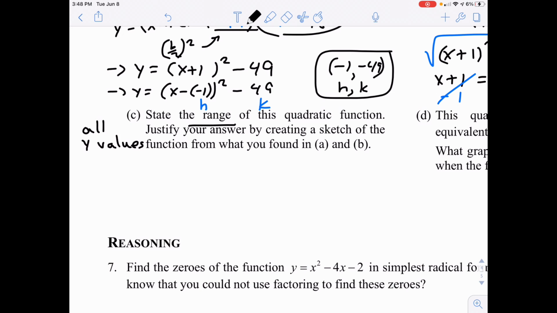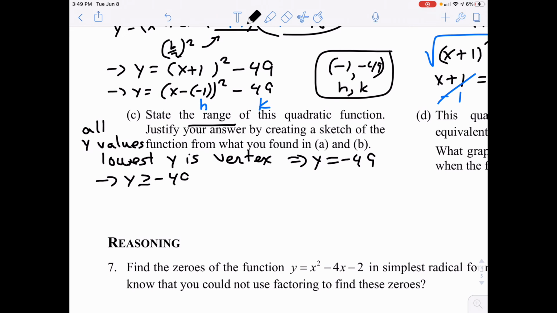Well, the lowest y value is the vertex, which has a y-coordinate of negative 49. So that means the y is going to be greater than or equal to negative 49.